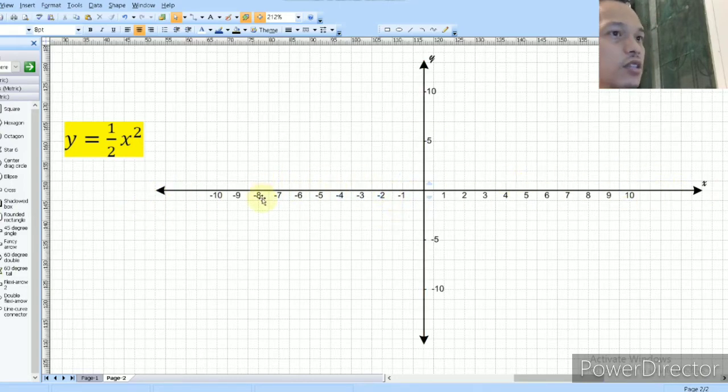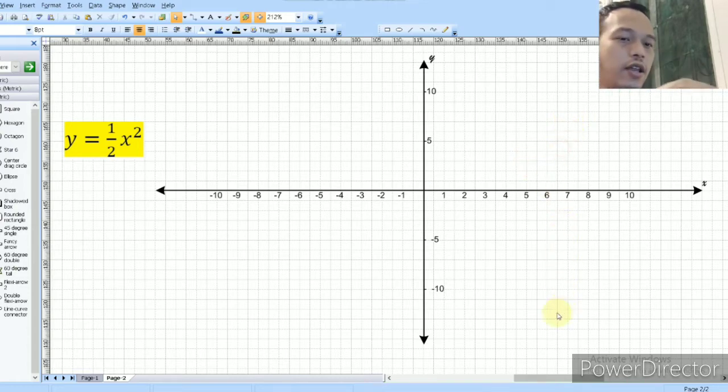So you cannot present different scales on the negative side and different scales on the positive side. No, it is not suggested. And for the y-axis, I will still use 1 grid as 1 unit. Whenever you're consistent in one axis, there is no problem if you use different scales for different axes.